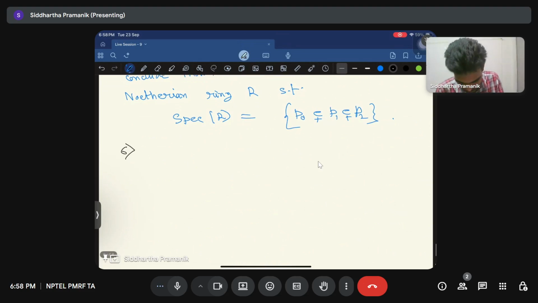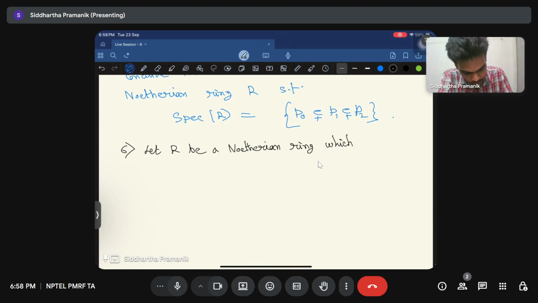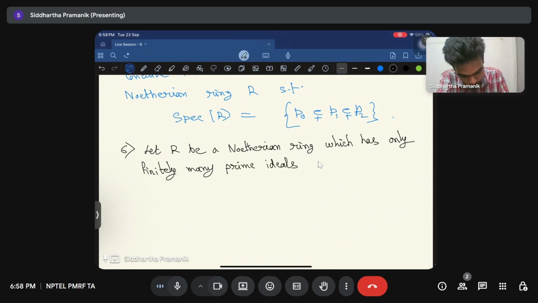So let R be a Noetherian ring which has only finitely many prime ideals of height 1.